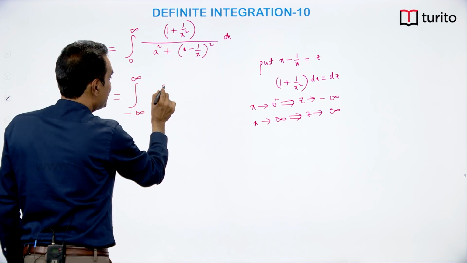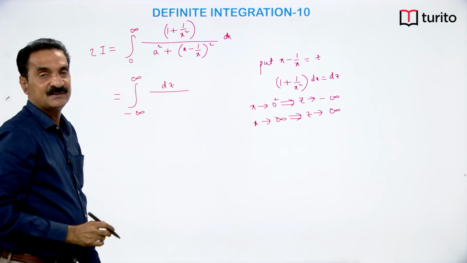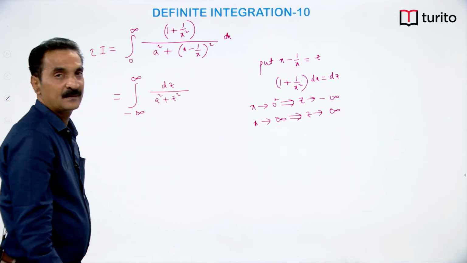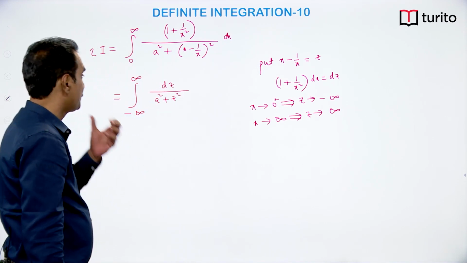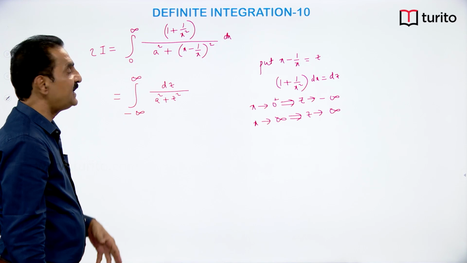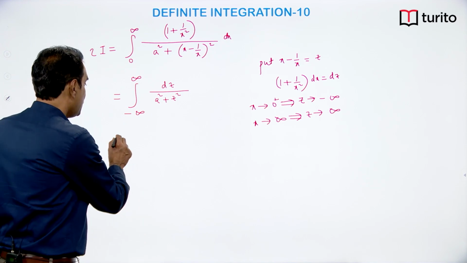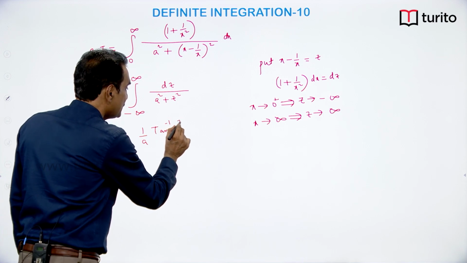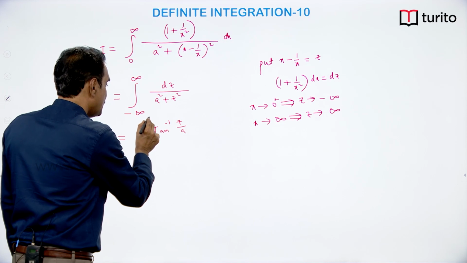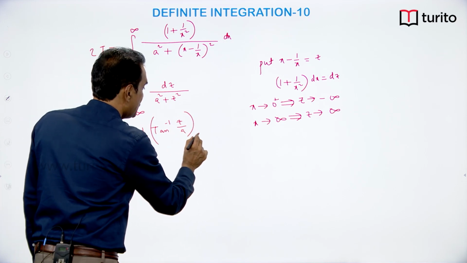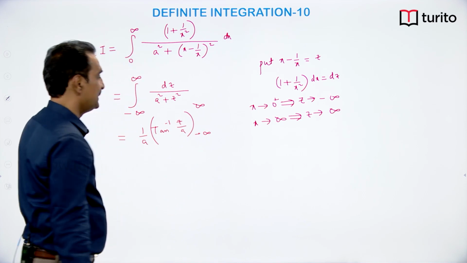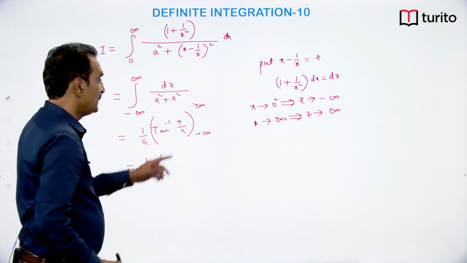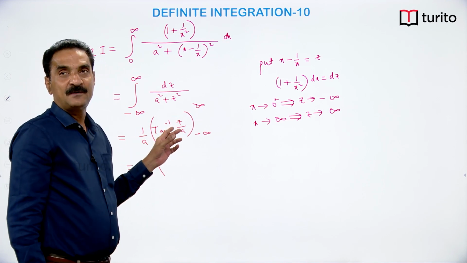Numerator is dz, denominator is a square plus z square. Okay. Now what is the integral of 1 by a square plus z square? It will be 1 by a tan inverse z by a. We have to substitute the limits minus infinity to plus infinity. You will get 1 by a into, if you substitute infinity, what will you get?